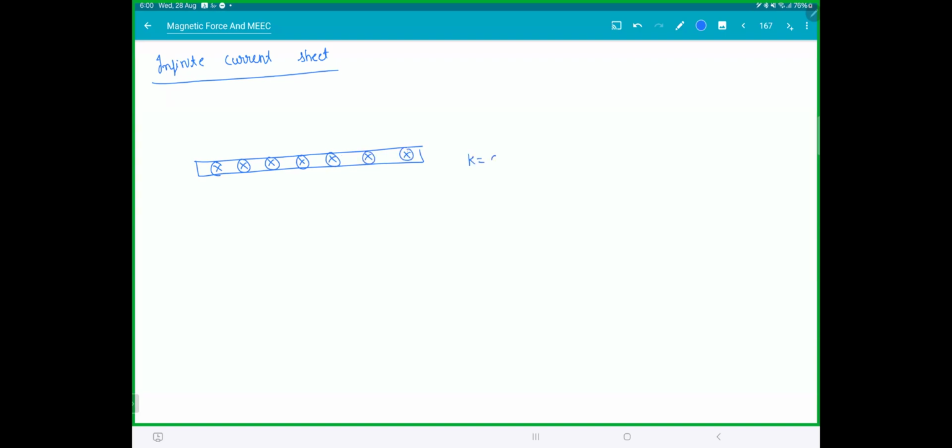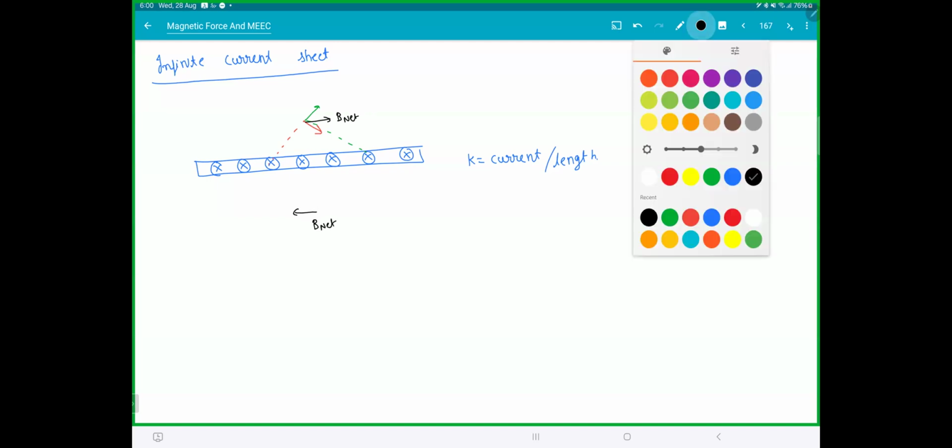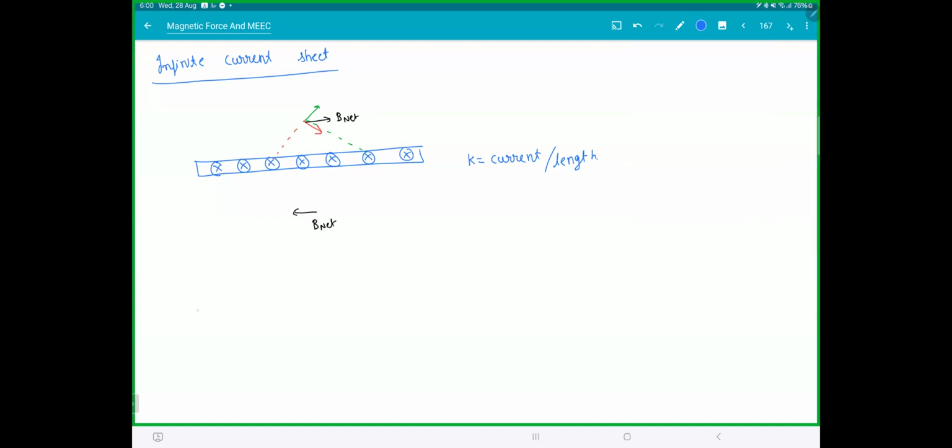K is the current per unit length. So we know if you take the field due to this guy, it will be down. And the field due to this guy will be up. So the net field will be horizontal. Similarly, here also the field will be this way. This we proved even while integrating.